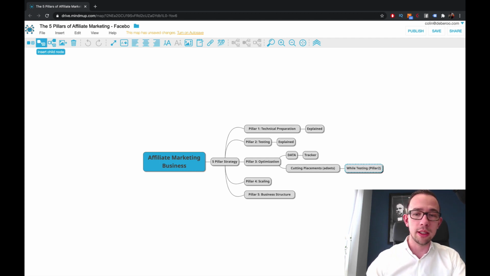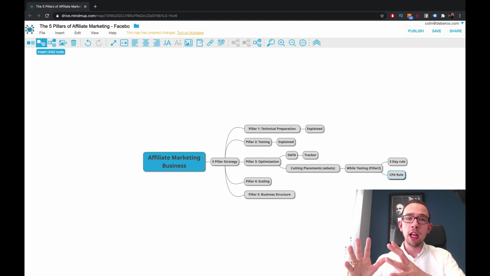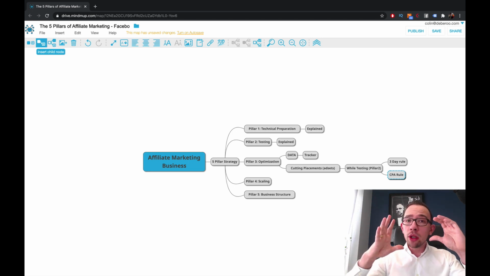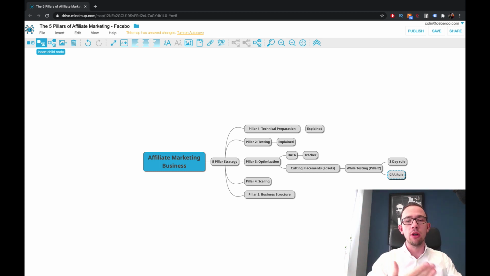In this scenario, either the 3-day rule or the CPA rule is being applied. While you're doing your aggressive testing on the ad level, the ad set holding the creatives might already be ready for optimization, and then we execute, right?